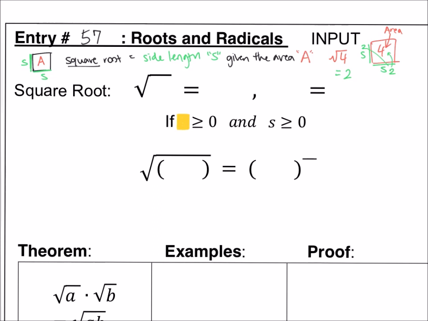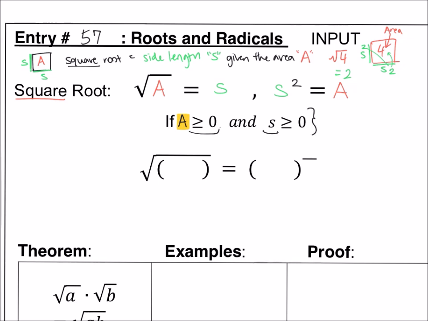So let's write down in our definition of a square root that the square root of a is equal to s when s squared is equal to a. So the square root of a is a single number, and that number squared is equal to the area inside of that square root. One important thing to remember about square roots is the condition that the area inside the square root has to be greater than or equal to 0, and the side length must be greater than or equal to 0.